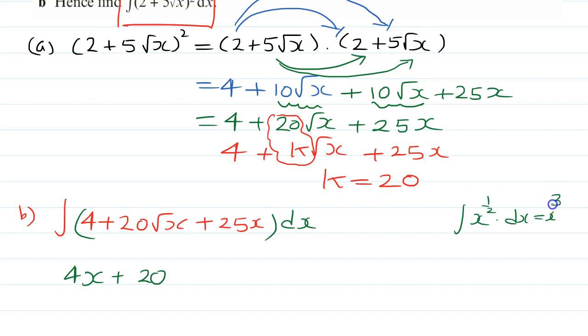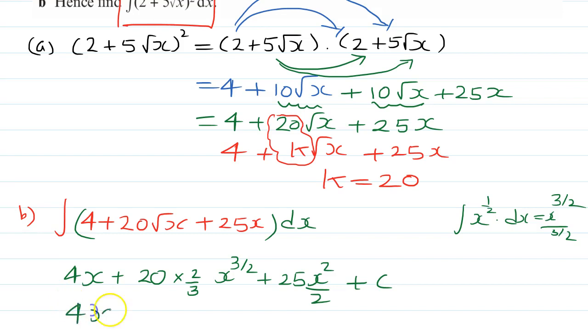So it will be 1/2 + 1, that is 3/2, divided by 3/2, so it will be 2/3 x^(3/2), plus 25x² divided by 2, plus a constant. So you can write down 4x + (20 times 2 is 40)/3 x^(3/2) + 25/2 x² + c. This is your answer.